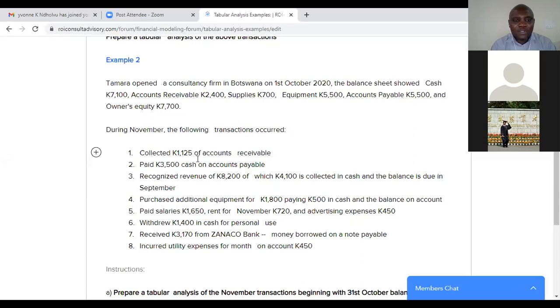Collected 1,125 of accounts receivable, paid 3,500 cash on accounts payable, recognized revenue of 8,200, of which 4,100 is collected in cash and the balance is due in September.